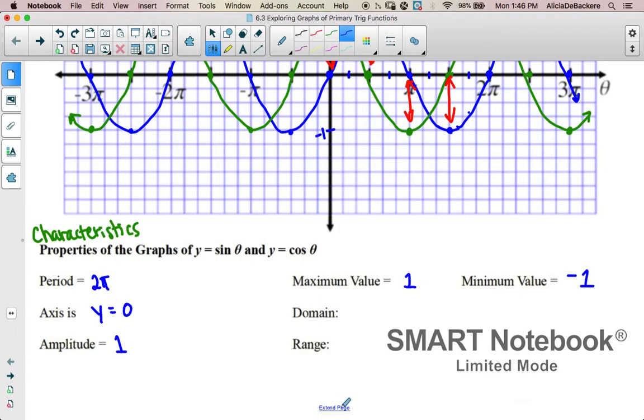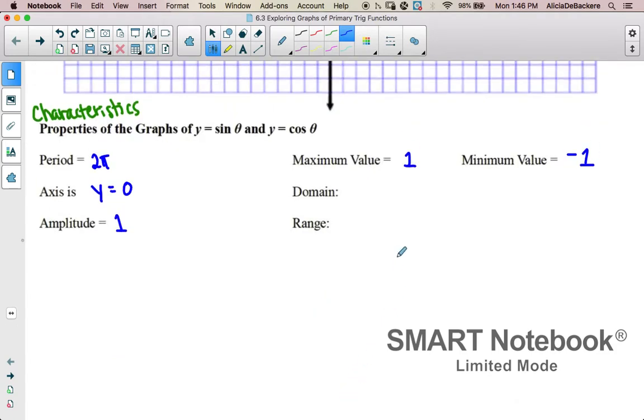All right, so what about domain and range? The domain of any sine or cosine curve is going to be the set of all thetas belonging to the set of real numbers. And sometimes they use theta for your independent variable, and sometimes they'll use x, so then I would change that to an x.